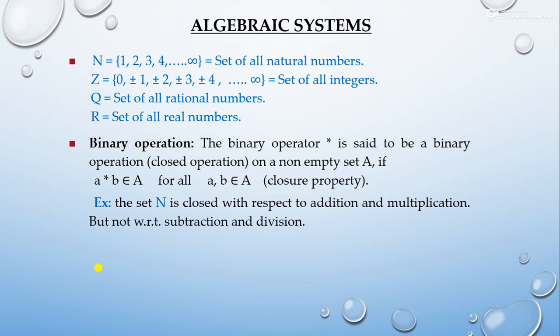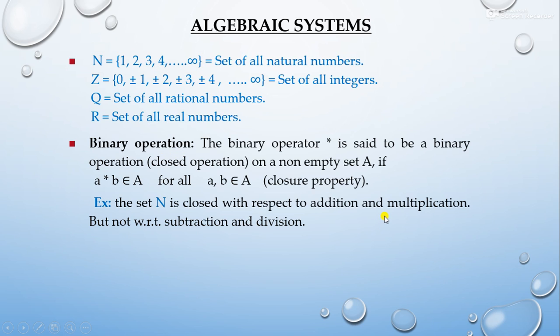So let's take an example. Suppose we have the set capital N, the set of all natural numbers. We say that this natural number set is closed under addition and multiplication, because if we add any two natural numbers, we get a natural number again, right? 1 plus 2, 3 plus 4, any natural number addition gives a natural number.